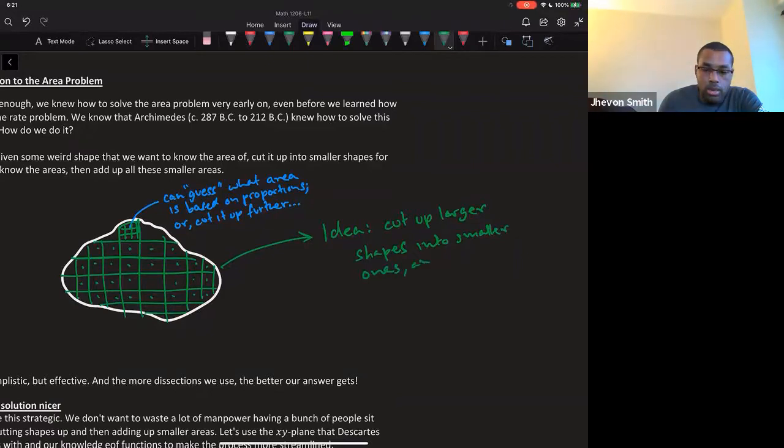And basically, you just say the area of the larger shape is going to be equal to, well, you're just going to define it to be the sum of the areas of the smaller shapes.